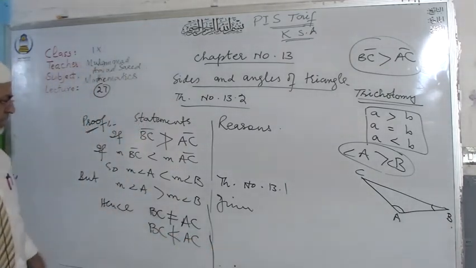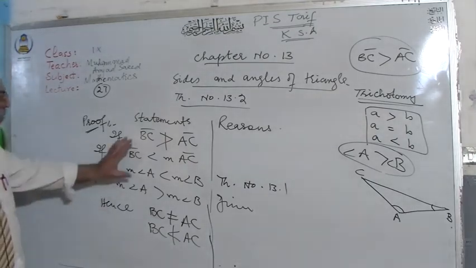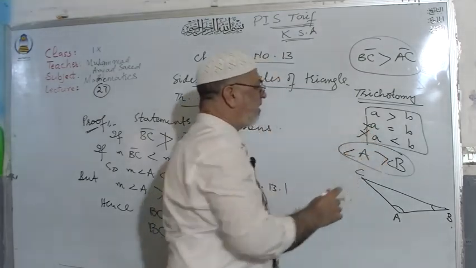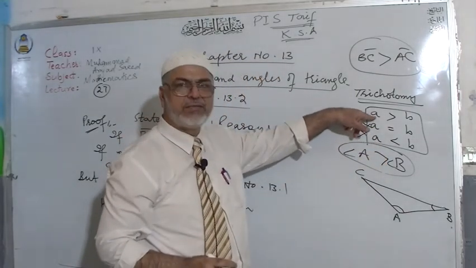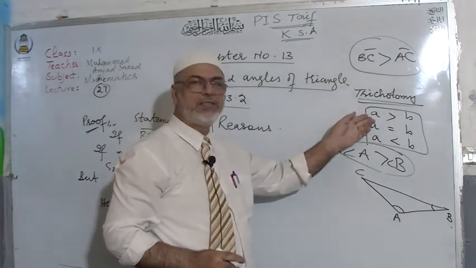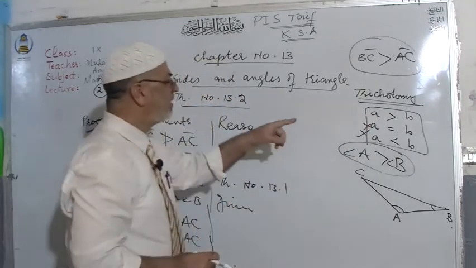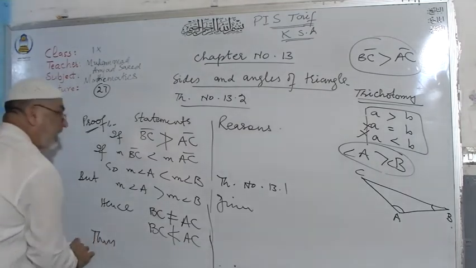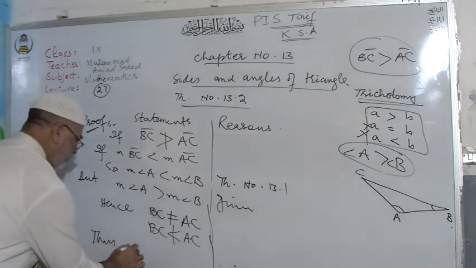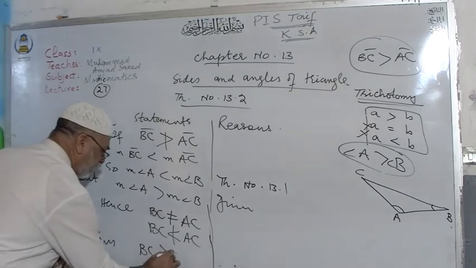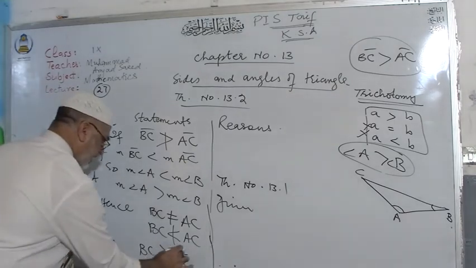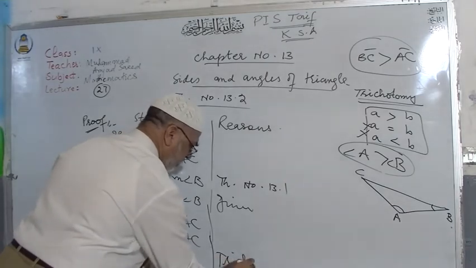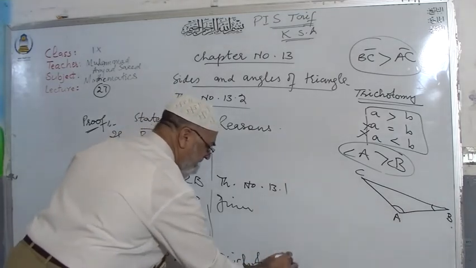So what is the conclusion? If two possibilities are wrong, this is wrong, this is wrong, which one is the correct one? Third one. Hence, because of this result, we conclude that BC is greater than AC, by the trichotomy property.